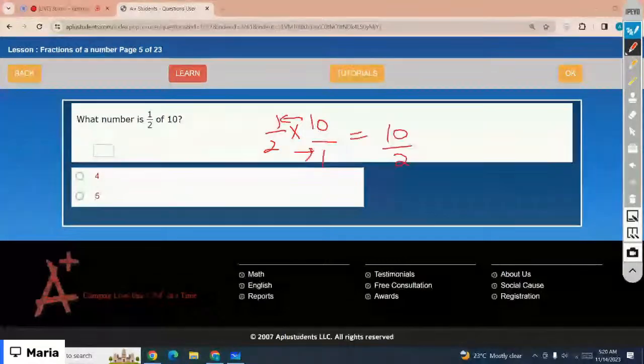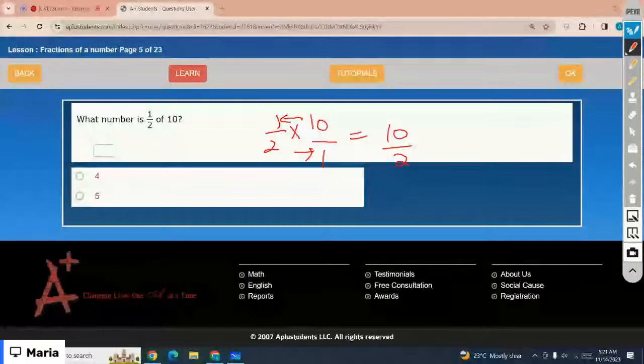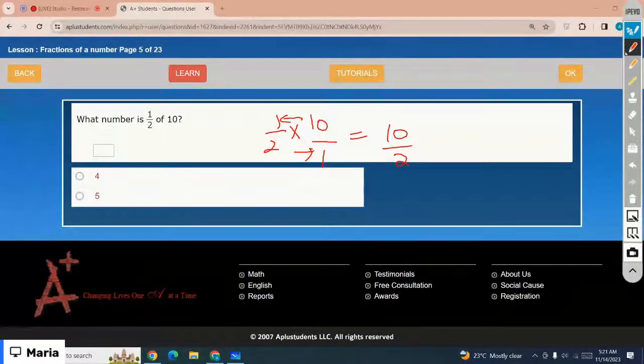So 2 times what number is 10? 2 times 5 is 10. So the correct option is 5.